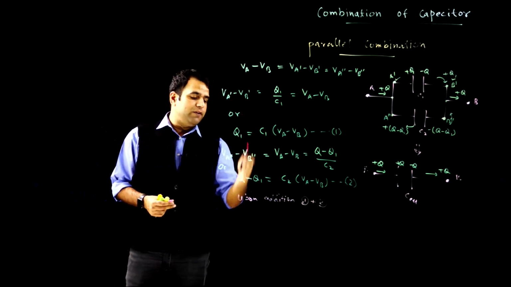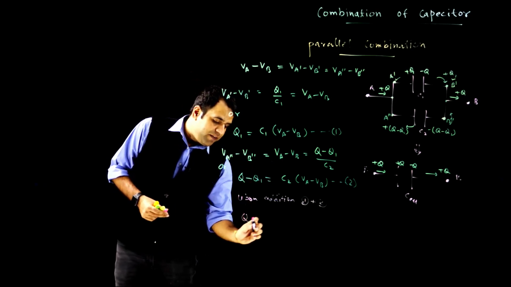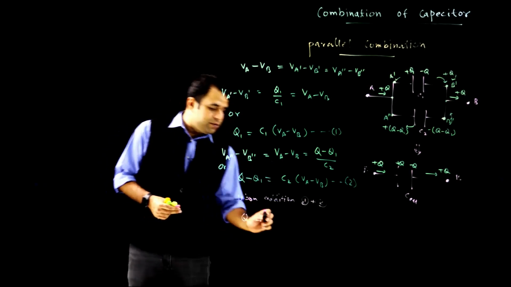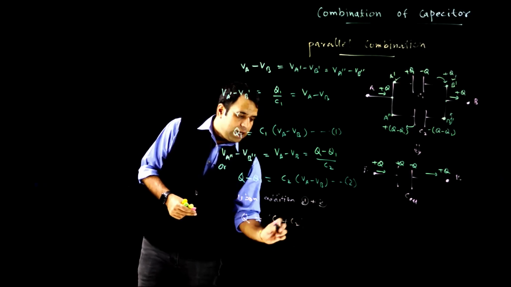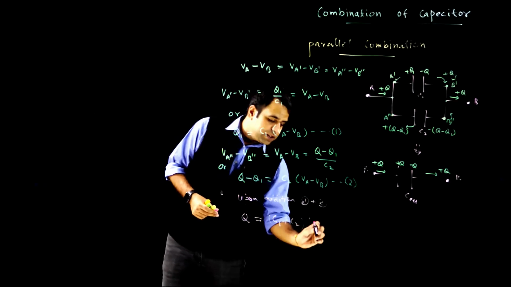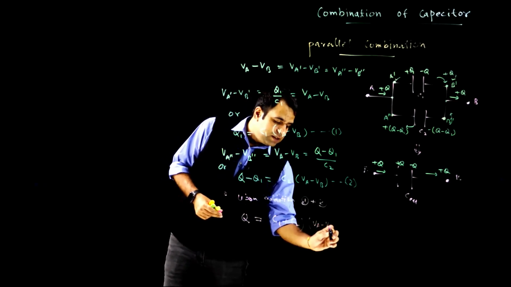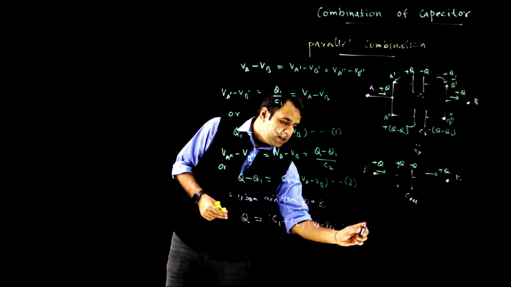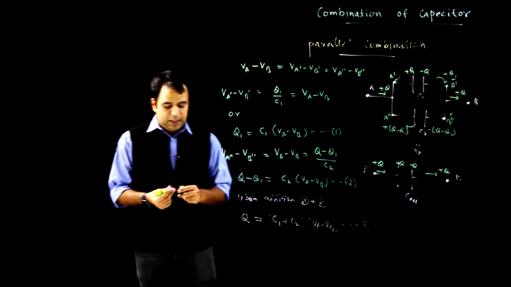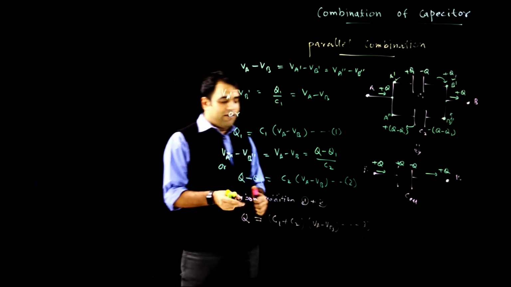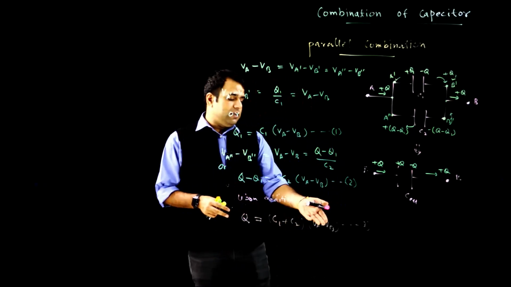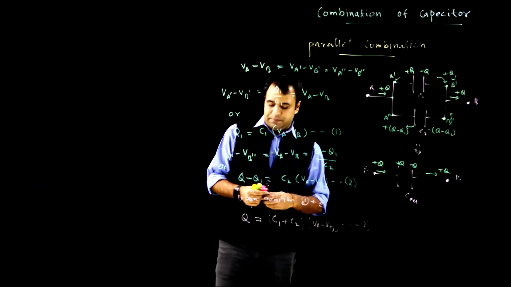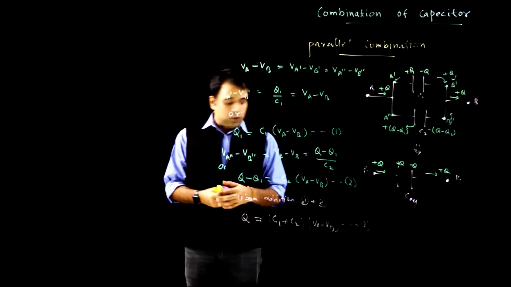If we add Q1 with Q minus Q1, you will have Q, and that will be equal to C1 plus C2, taking VA minus VB common, times VA minus VB. This is equation 3. This is the net equation between the net charge passing through the A point and the corresponding VA minus VB.